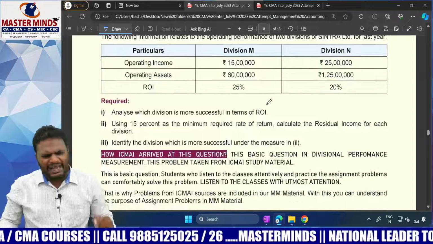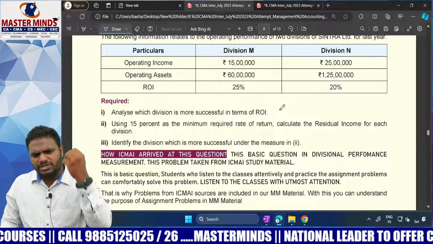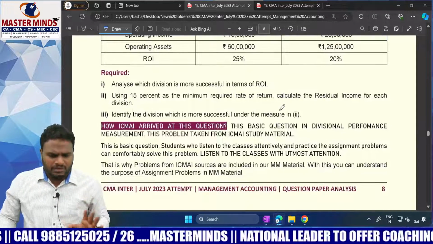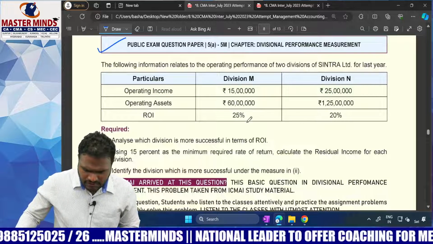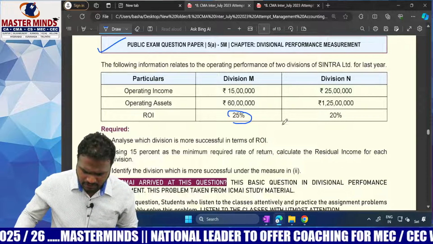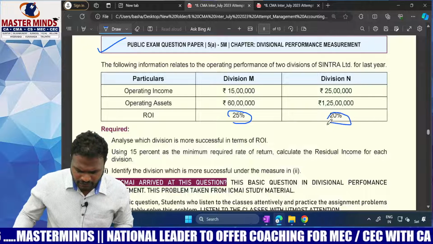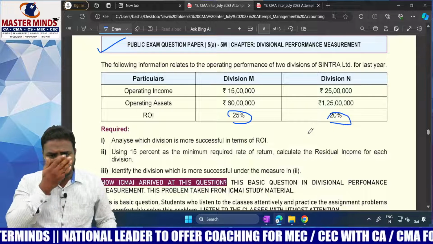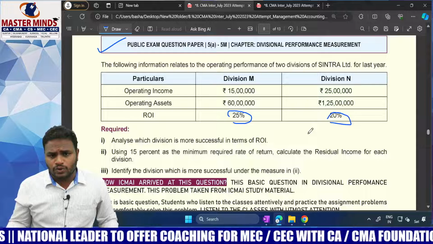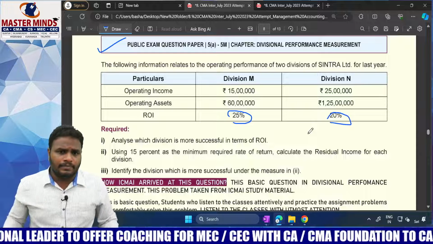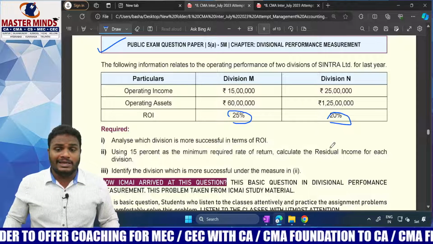5 marks, which is a direct question, direct from the study material. Sir, on the basis of ROI, which firm is the more successful? Whichever has the higher return on investment. Here, the division M. Now they calculate the RI.